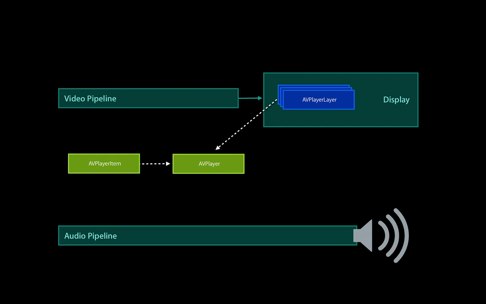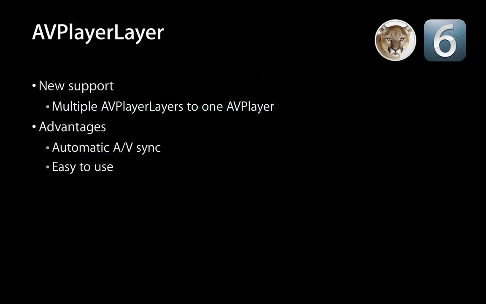We haven't even gotten to the cool part yet. By doing this, you can achieve some really creative effects. It's very simple, and you don't even have to worry about the audiovisual sync. AV Foundation will still do this for you. It's extremely easy to use, and I would go so far as to say that if you're considering doing real-time video effects in your application, you should first consider the use of an AVPlayerLayer.